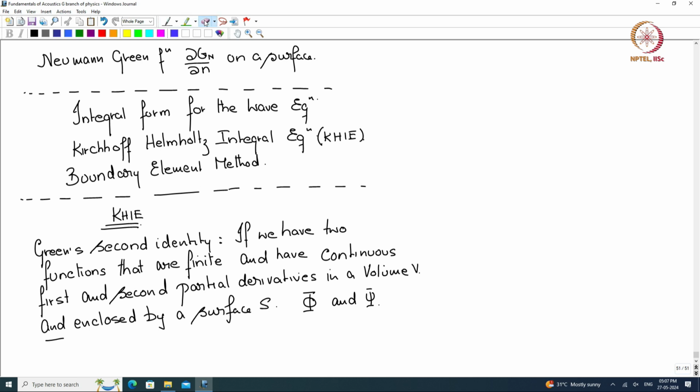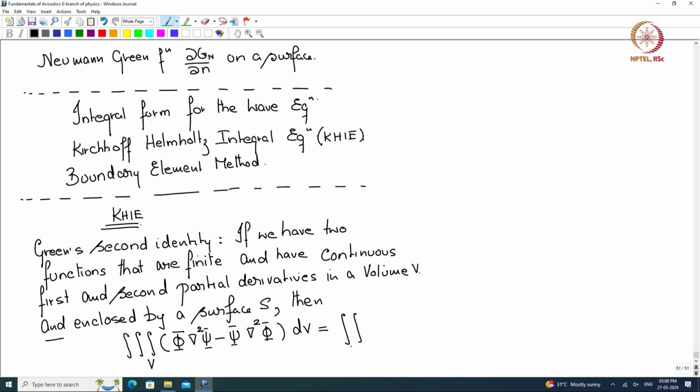So, then the volume integral of phi del square psi minus psi del square phi over the volume is equal to the surface integral of phi del psi by del n minus psi del phi by del n over the surface. Okay.